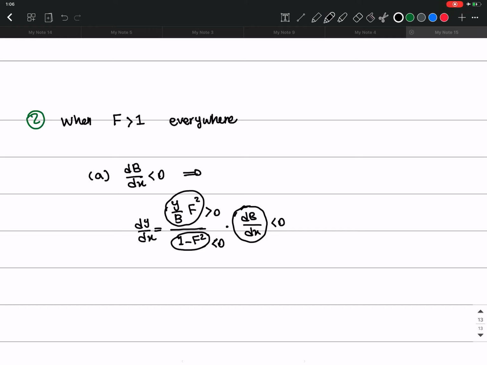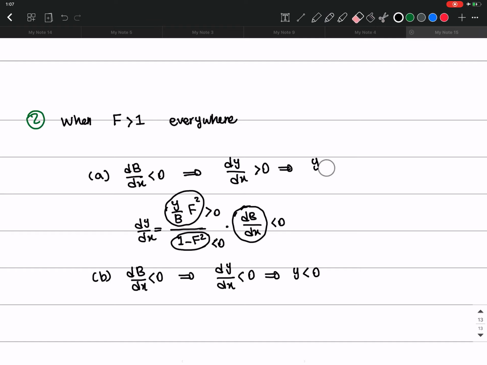So now dy over dx in general is going to be greater than 0, meaning that y is going to increase. Similarly, when dB over dx is smaller than 0, you can show that dy over dx is going to be smaller than 0, meaning that y should increase and y should decrease.